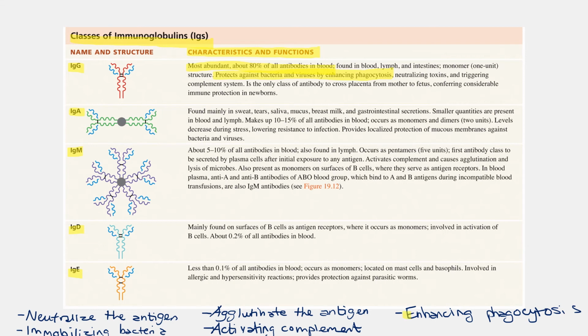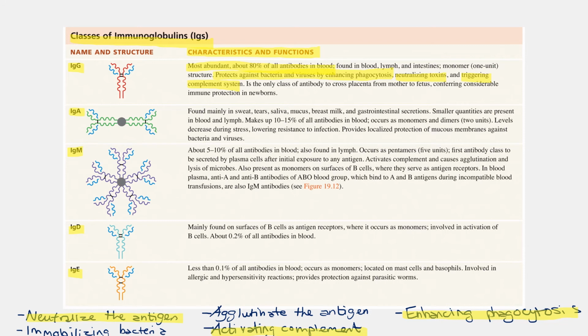So that's this role here. They also work to neutralize toxins. So they're going to neutralize the antigen. And also work by triggering the complement system, activating complement. So this is going to be a very important antibody class that does several of the actions that antibodies can do.